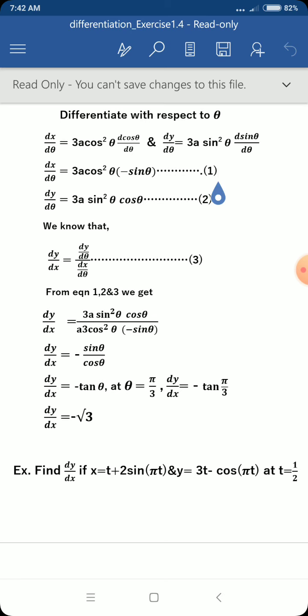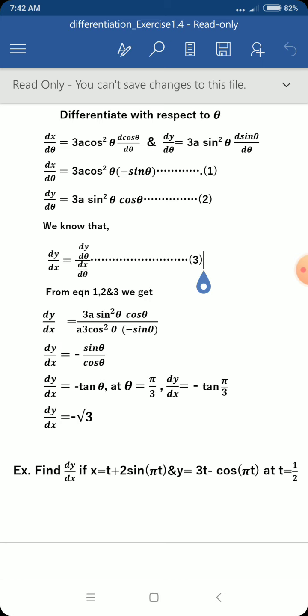Now we know the parametric rule, which is dy by dx is equal to dy upon d theta upon dx upon d theta. Call this equation 3.